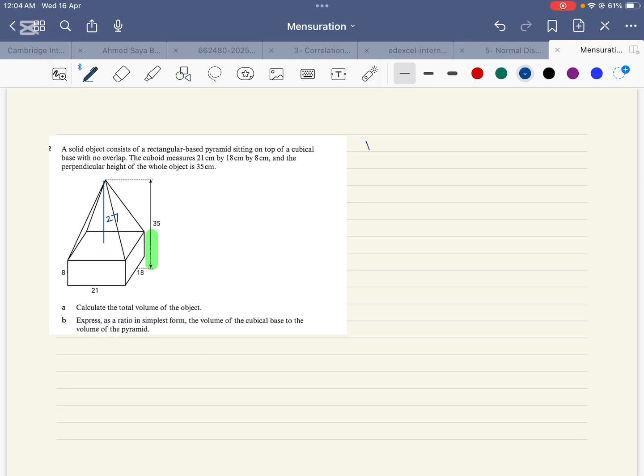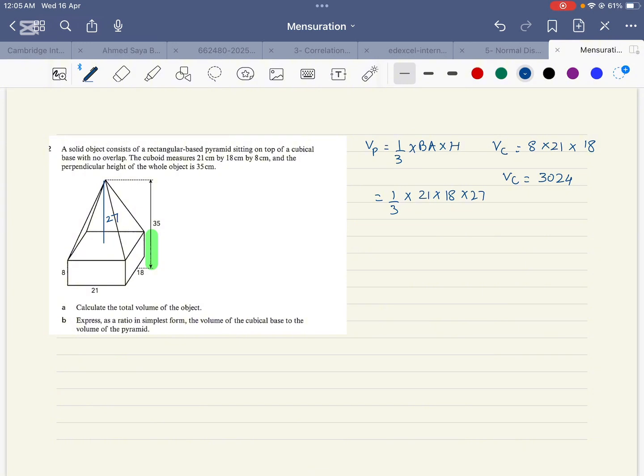Calculate the total volume of the object. Total volume of the object is volume of the pyramid plus volume of the cuboid. Volume of the cuboid is 8 into 21 into 18, which is 3024. Volume of the pyramid is 1/3 into base area into height. Base area is 21 into 18 into height, which is 27.